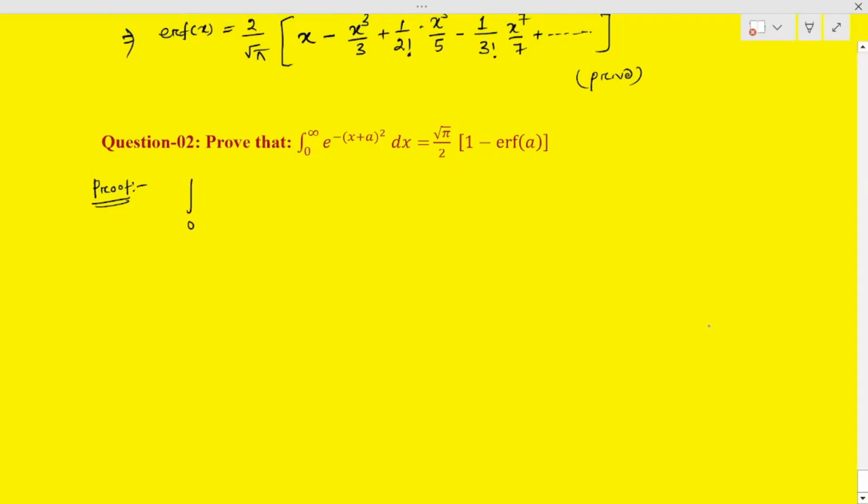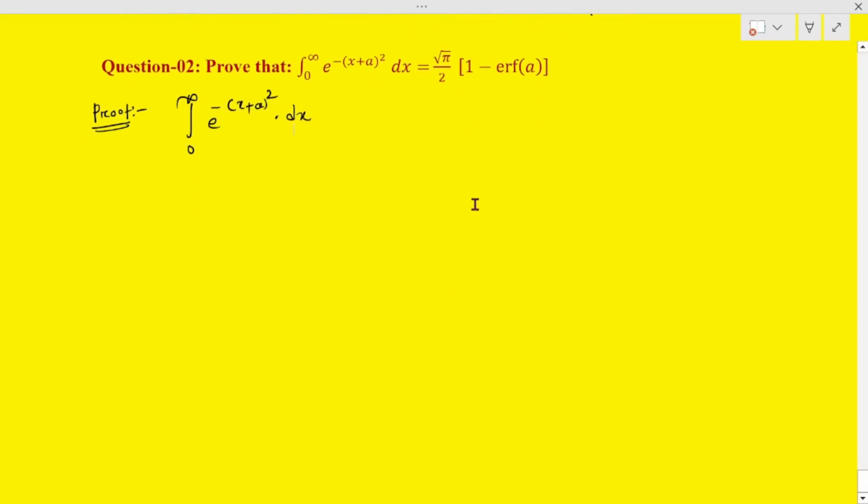Consider the given integral, e to the minus x plus a whole square dx. To prove this, let p equal to x plus a. That implies dp equal to dx, because here a is a constant. Now we are going to consider the new limits. For x equal to 0, if I put 0 over here, then p is a.